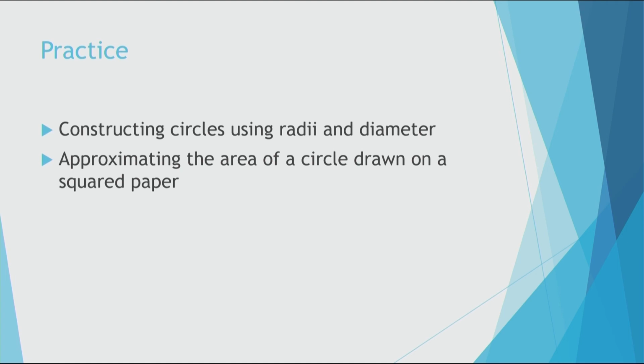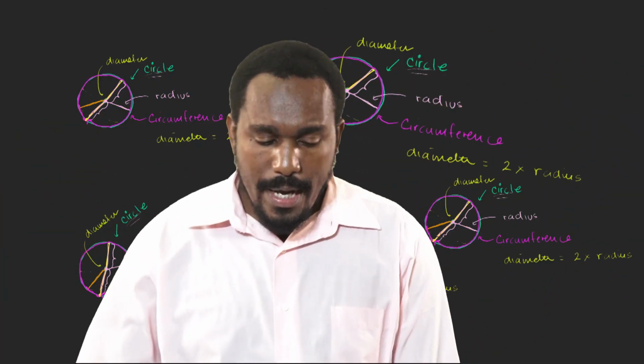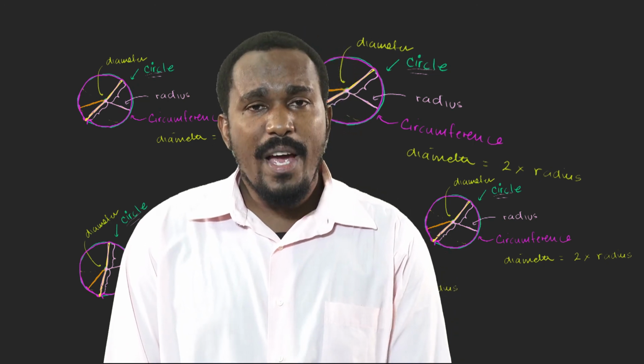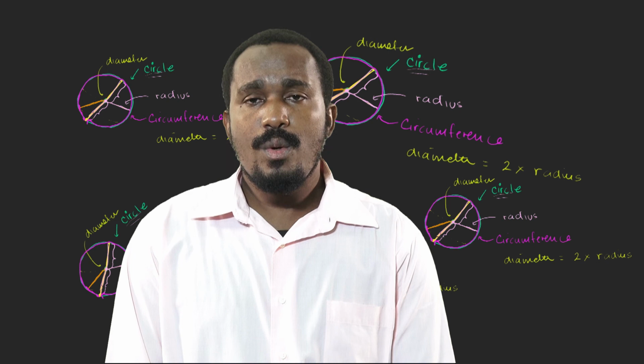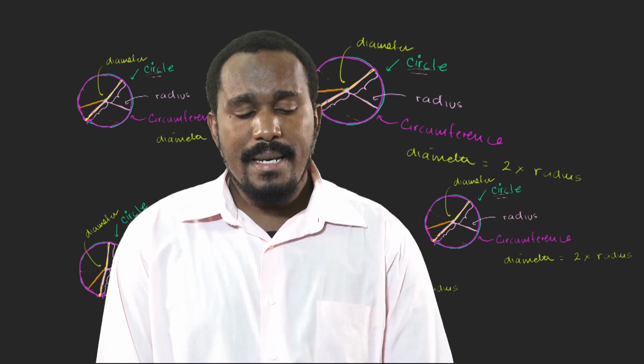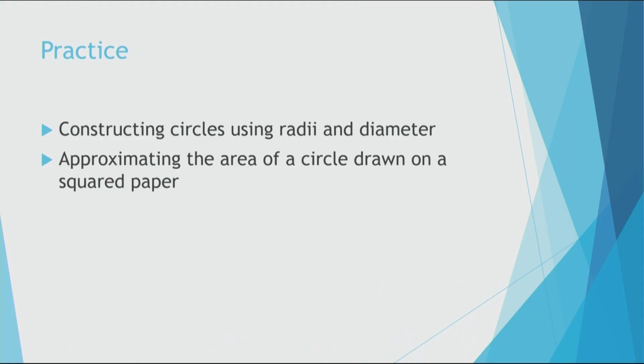And then, using the method I have explained, you can also use your squared papers, your squared books, to draw the circles and count the squares that are fully covered and those that are partly covered, add them to find the approximated area.